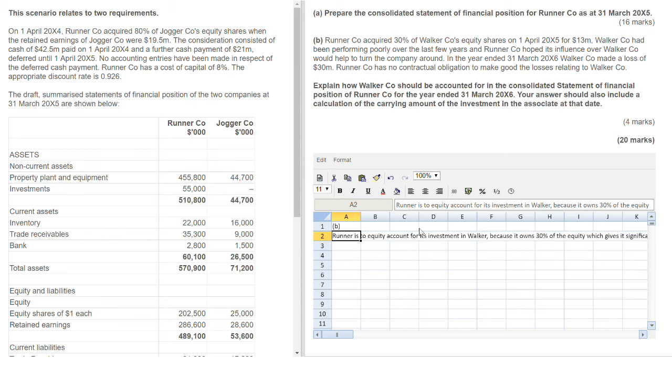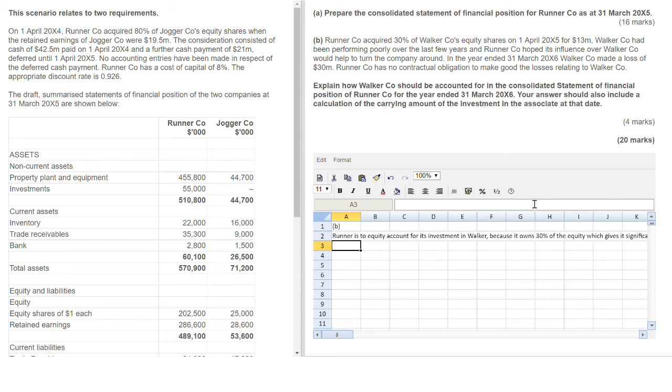Okay, excellent. There we go. You just can't see what I've gone on to write there, but that's no great issue. And again, we can't spell, but there's no big particular worries there. Okay, significant influence. Okay, perfect. So we've said the reason why, because it gives it significant influence.